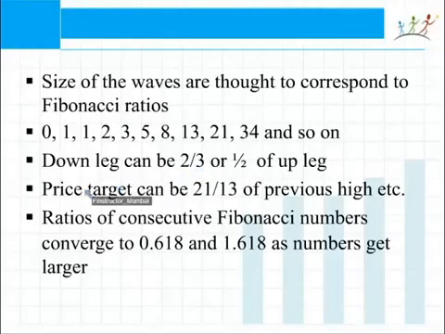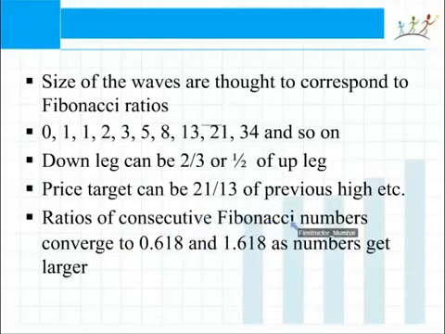Similarly, the up leg or the price target can be some ratio of consecutive terms. So it could be 34/21, or 8/5, or 5/3, or 3/2 of the previous high, or of the down leg, or any such ratio. So the Fibonacci ratios are used to predict the down moves or the up moves using the Elliott wave theory.